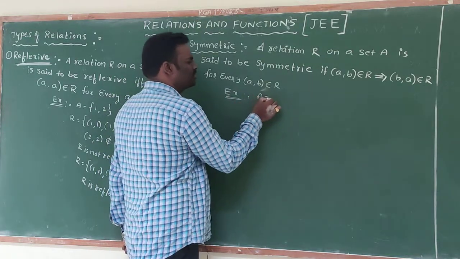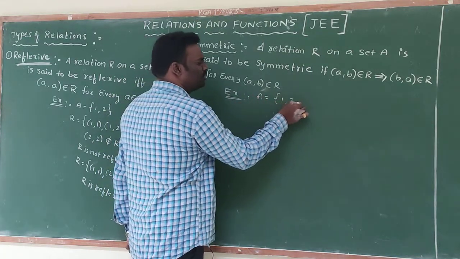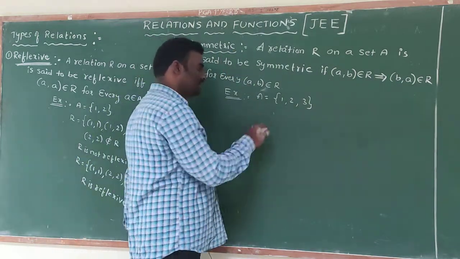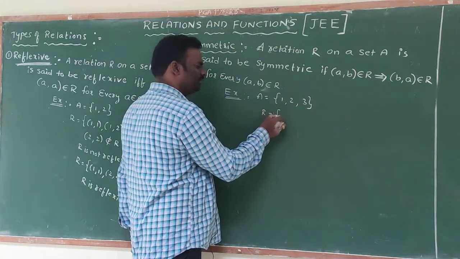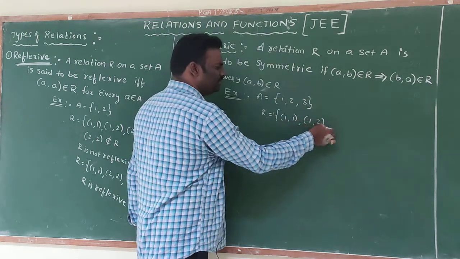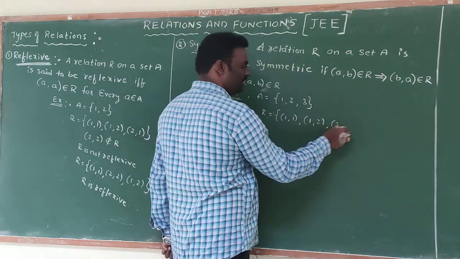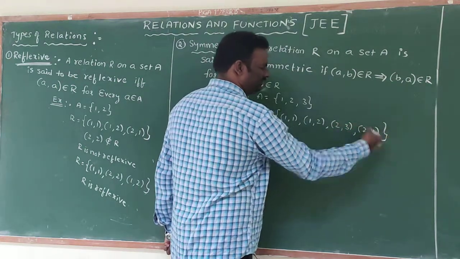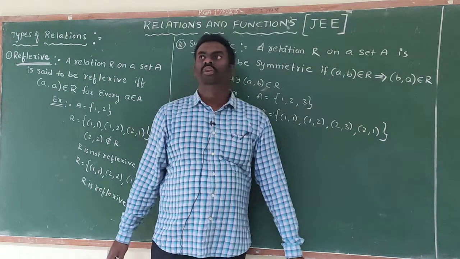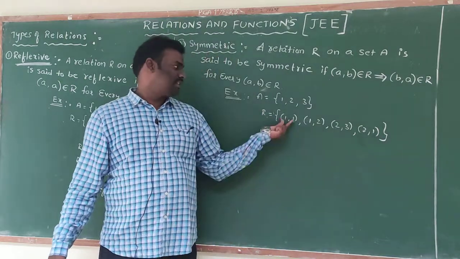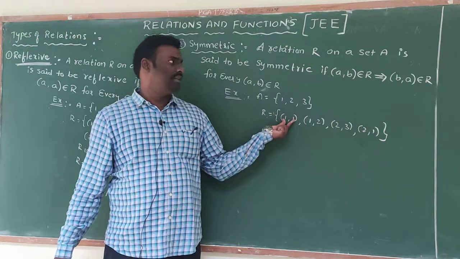I will give a simple example for this. A equals to {1, 2, 3}. A contains 3 elements. R equals to {(1,1), (1,2), (2,3), (2,1)}. We need to verify this is symmetric or not. First I am taking the pair (1,1).